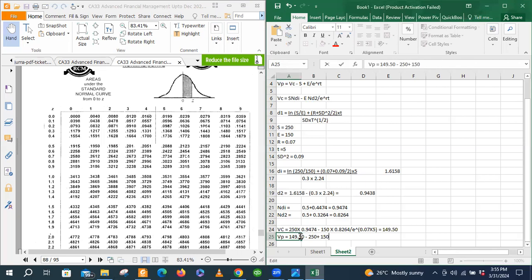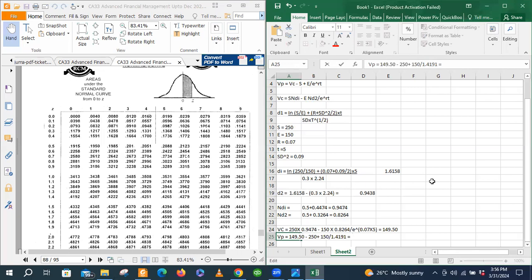But this one we had calculated to be 1.4191. Yeah, 1.4191, that way.